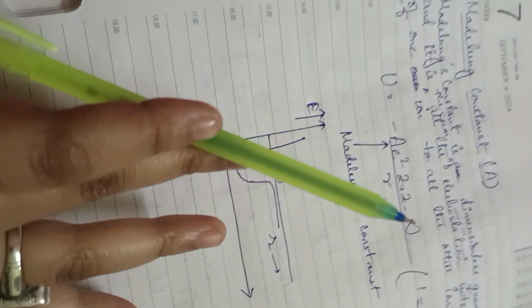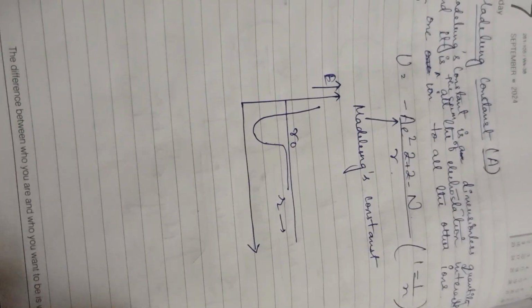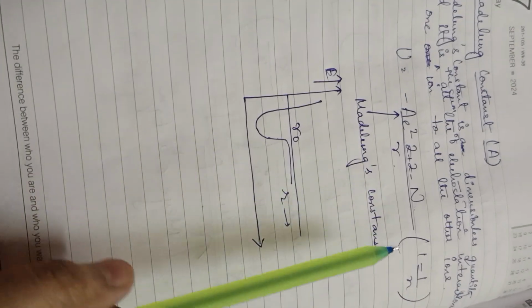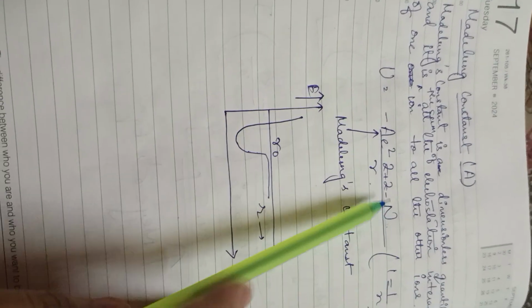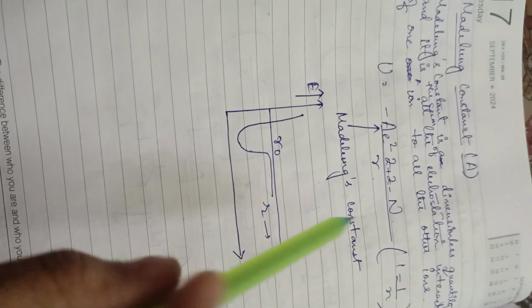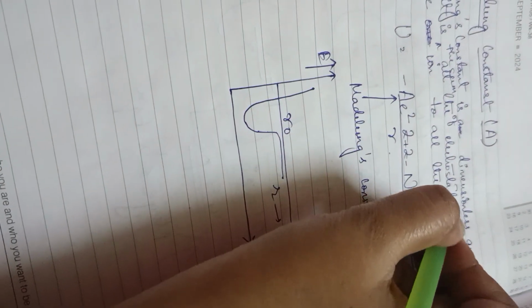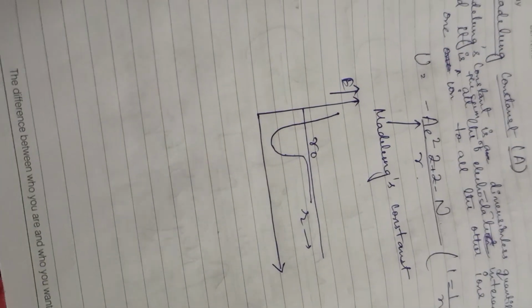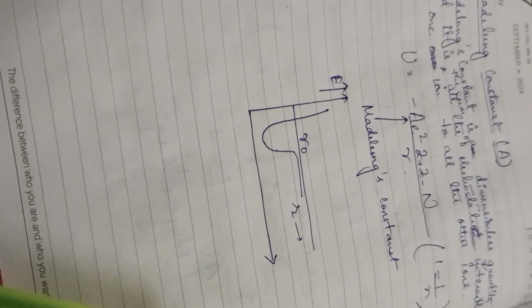Madelung constant is a dimensionless quantity, and it is the sum of all the electrostatic interactions of one ion to all other ions. So Madelung's constant is a dimensionless quantity.